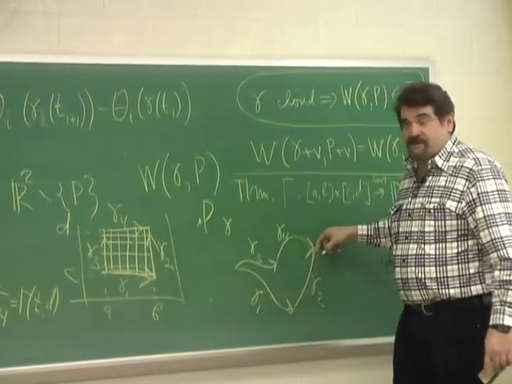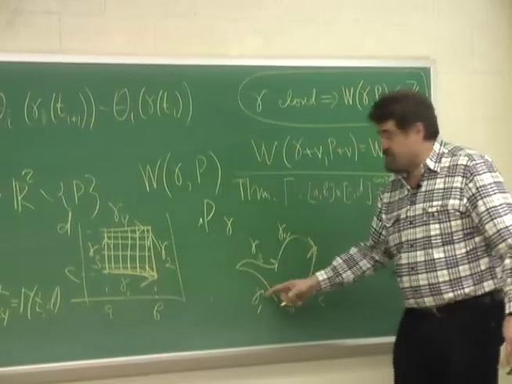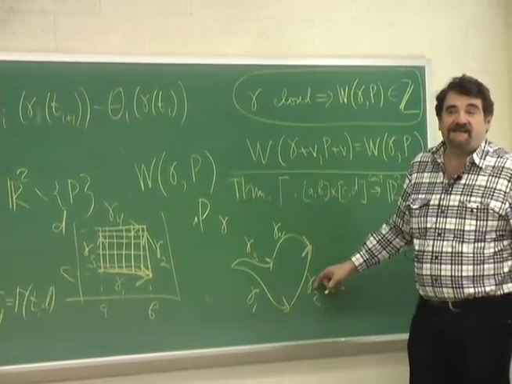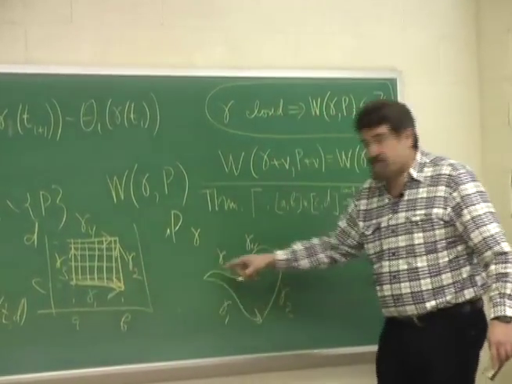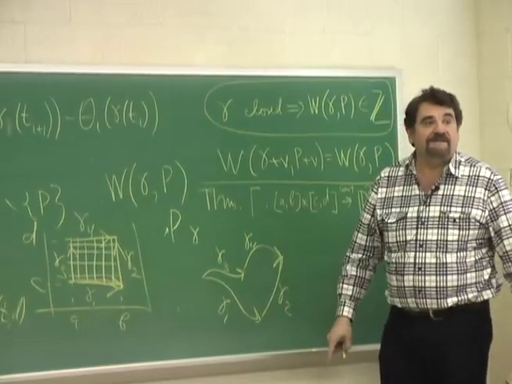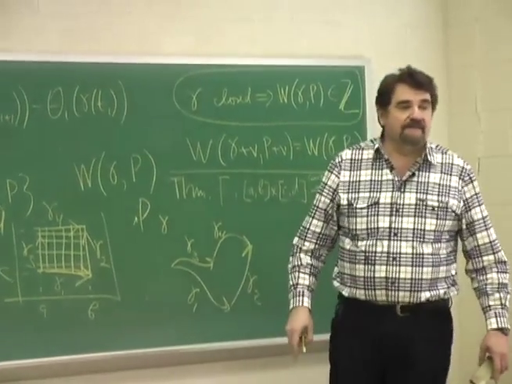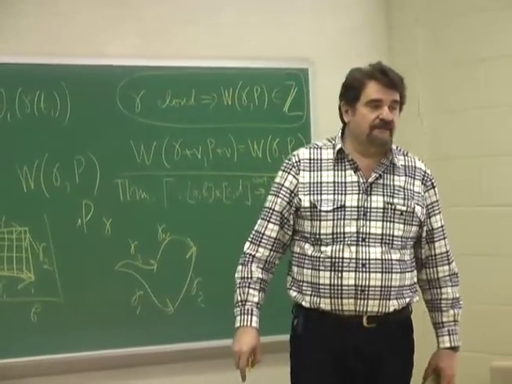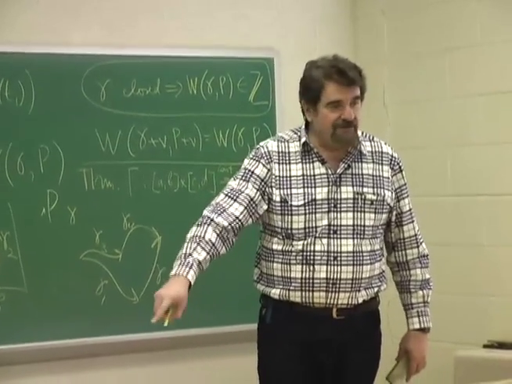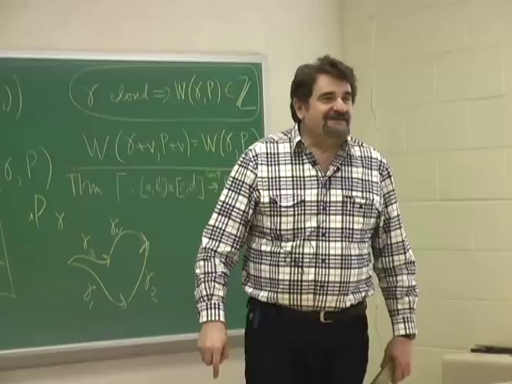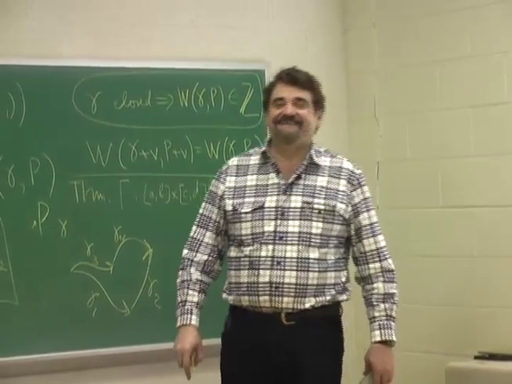So I'm writing gamma 1, gamma 2 here, but actually the curve is the mapping from this straight line to this curve. It would be better if he had written W evaluated at gamma of the boundary of R. But that's how this guy is writing it, and I'm changing. It's the image of the boundary.